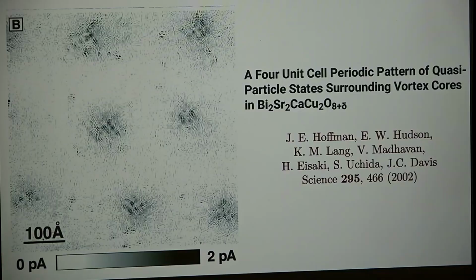But if you look at the core of the vortex, these are the vortices, you see these modulations in the local density of states, which were discovered in this paper, 2002. And this you only see on the low doping side. You don't see these modulations on the high doping side. Okay, so that's qualitatively quite a significant difference in the superconducting state below Tc.